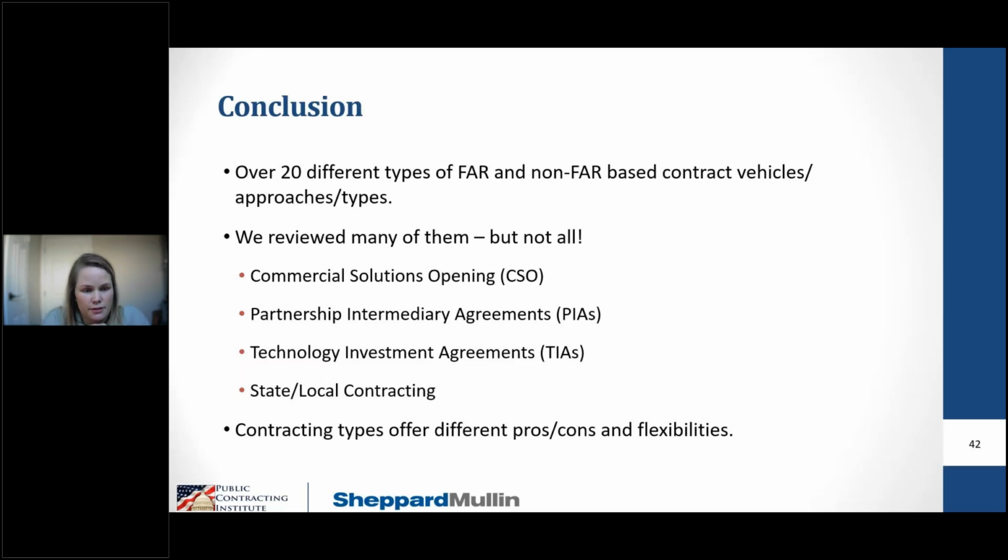Okay, question from Claire. If a GWAC like Alliant 2 or a MAC like Oasis is available, can individual agencies still choose to award their own multiple award contracts to satisfy the requirements that can be filled with an existing GWAC and MAC? So for the most part, the answer is no. As you've noted throughout, most of these had that limitation that you can't use these contract types if you can get it basically through any other contracting vehicle.